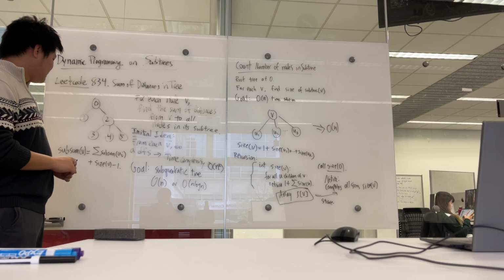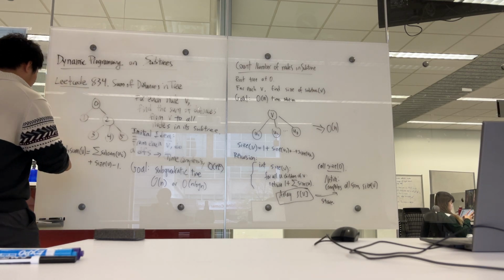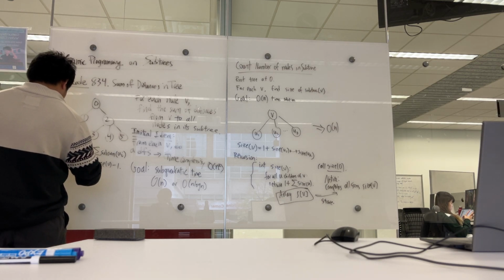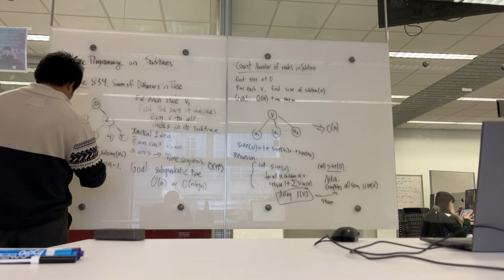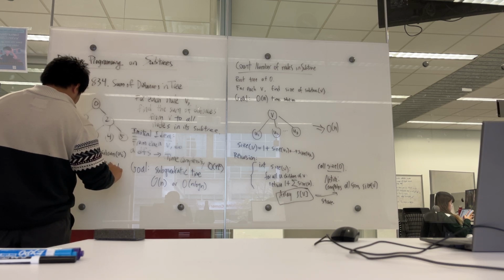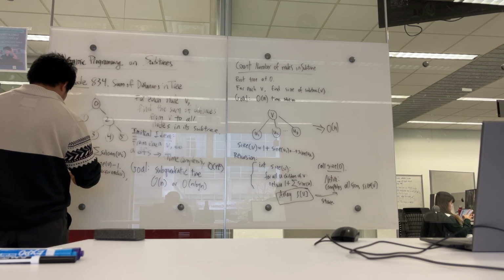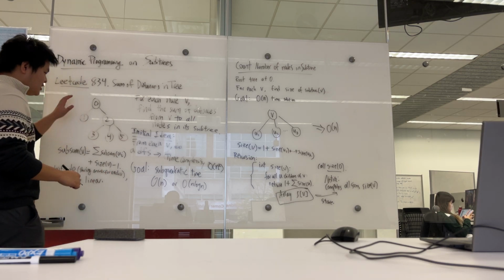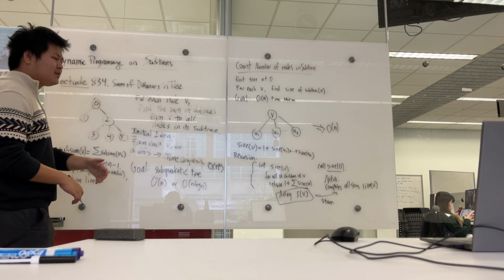With DP, it would just be linear. Yeah. With DP, or storing the answer for each V, the runtime is linear, because again, you only need to call subsum of 0, and that computes everything.